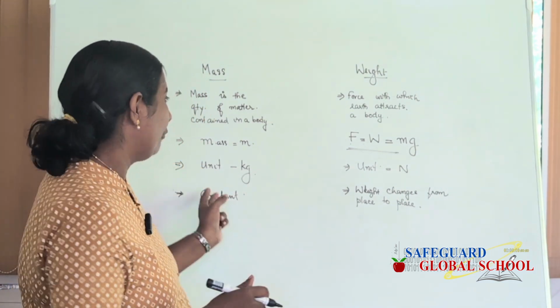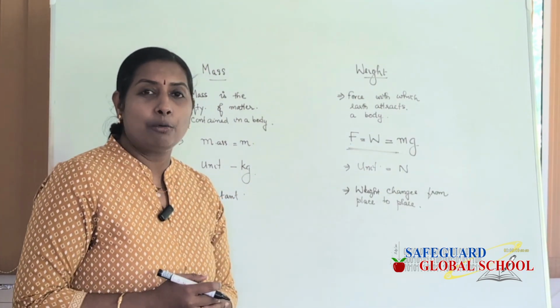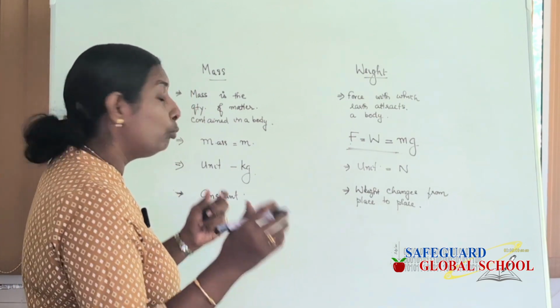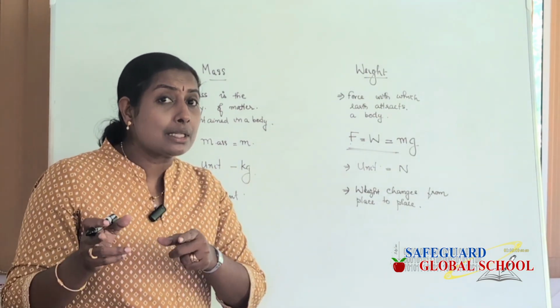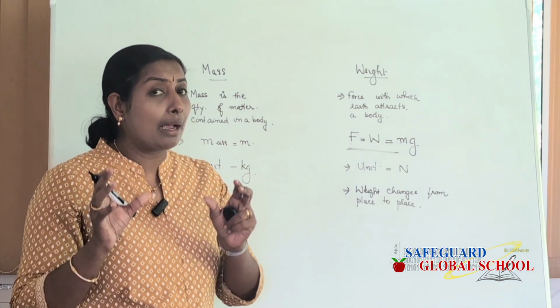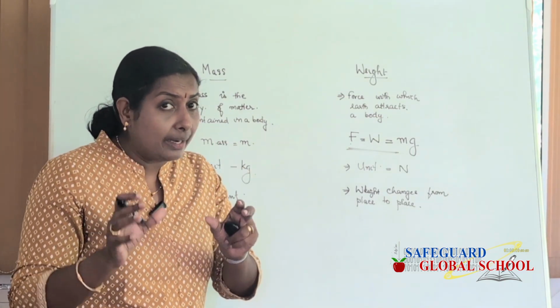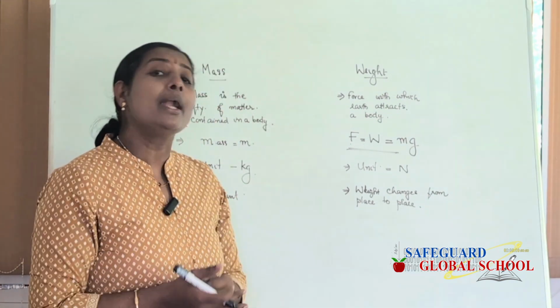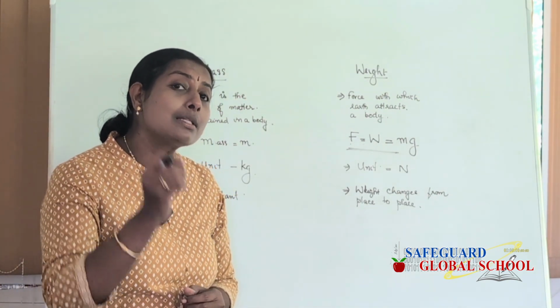There can be a question for comparison of this mass and weight. A 2 kilogram block of gold is moved from the equator to the pole. What happens to its mass and weight?